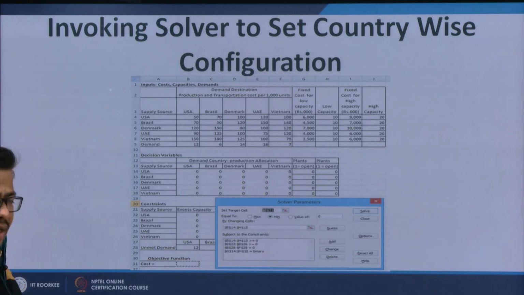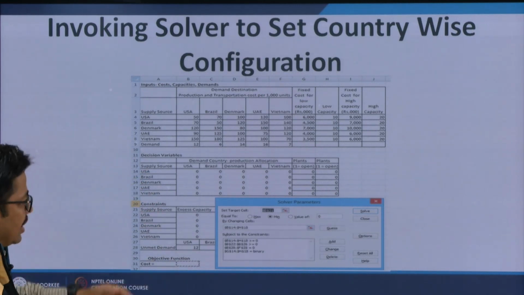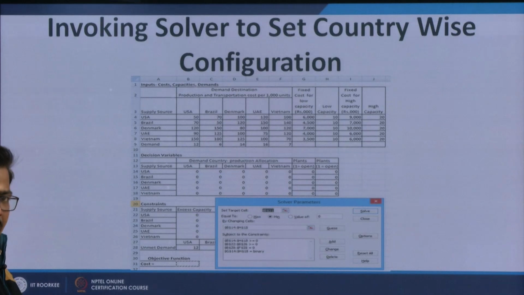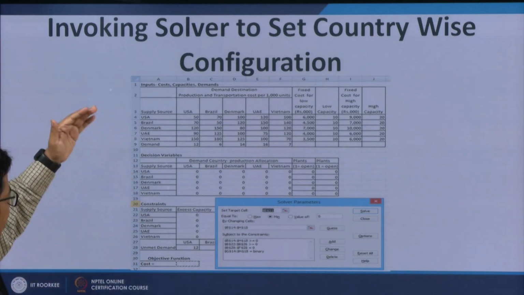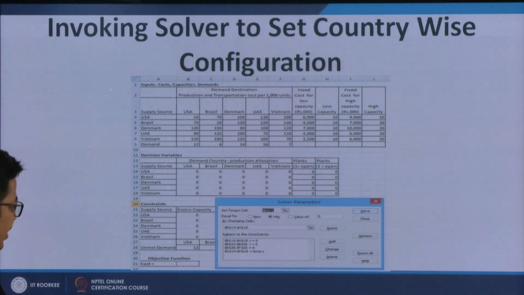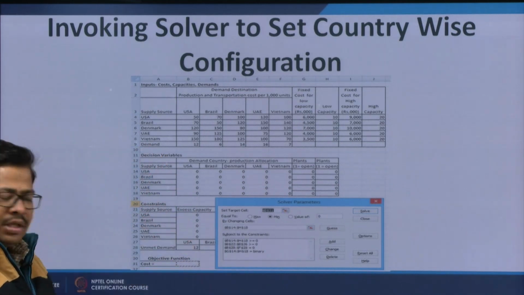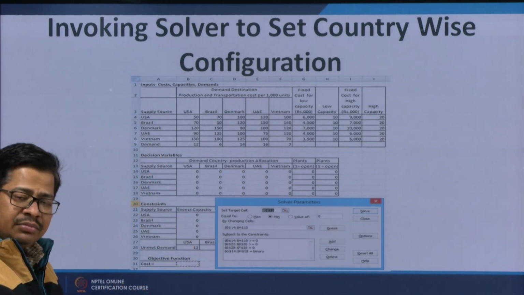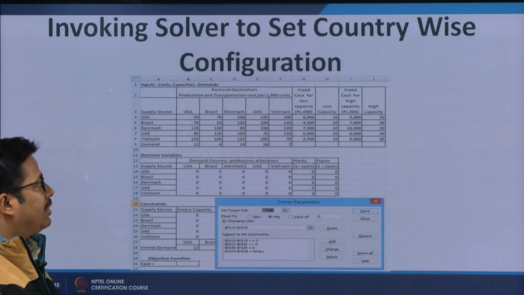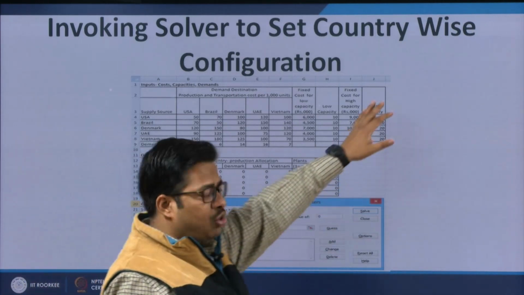I hope all of you have done this building of formula and then copying those formula cells either to B22 to B26 or from B28 to F28. Then once you have developed this entire formula into this spreadsheet, then we invoke the solver.